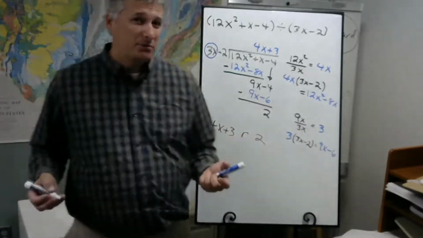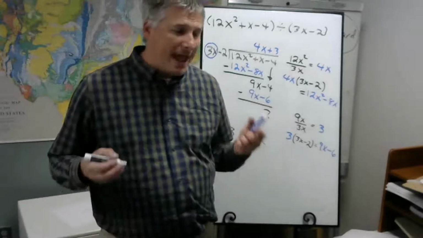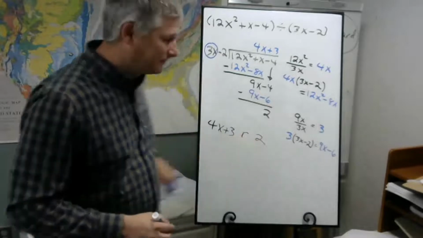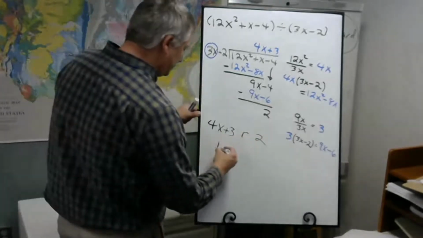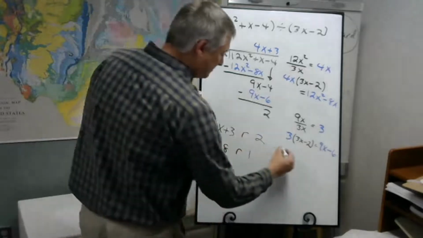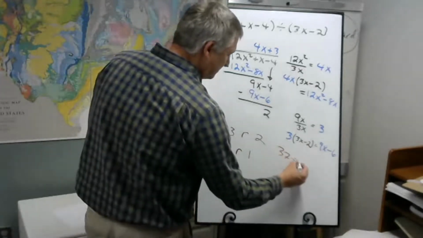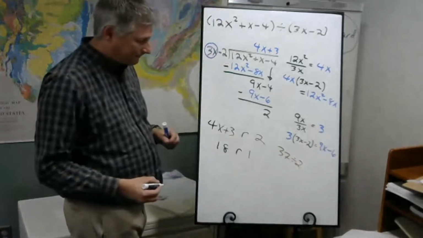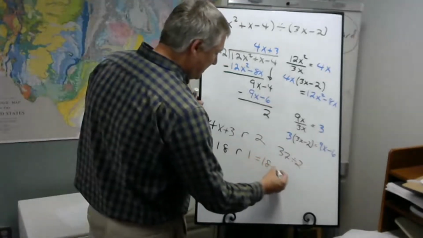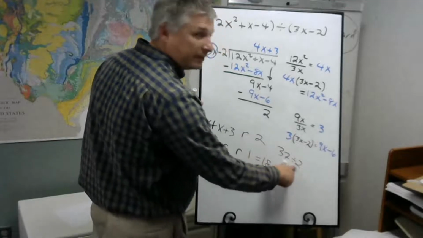But the other way to express remainders is to add the remainder over the divisor. So remember, we had 18 remainder 1 when we took 37 and divided by 2. And we rewrote this as 18 plus 1 over the divisor.